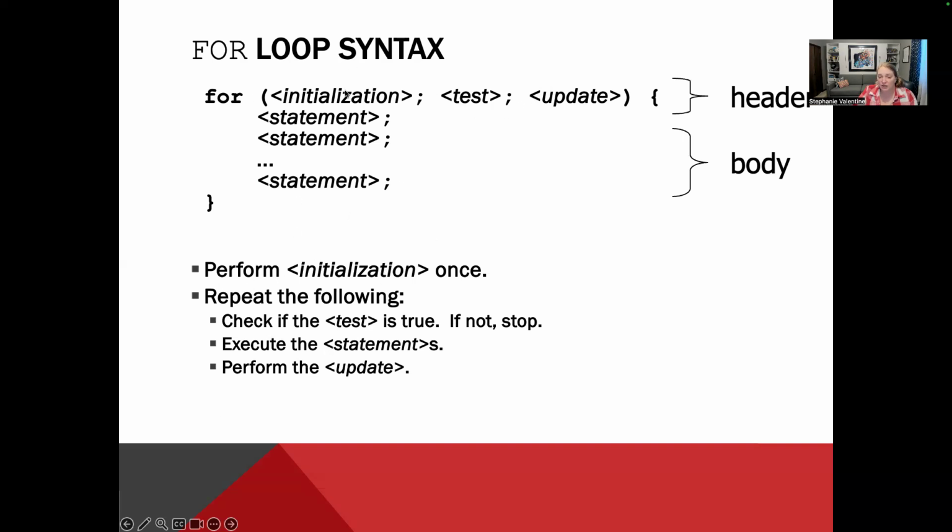Remember, we create a variable, we test it, we run the statements, we update the variable. We test it, we run the statements, we update the variable. We test it, we run the statements, we update the variable again and again until the test fails. So until the test returns false instead of true. And then we stop looping.